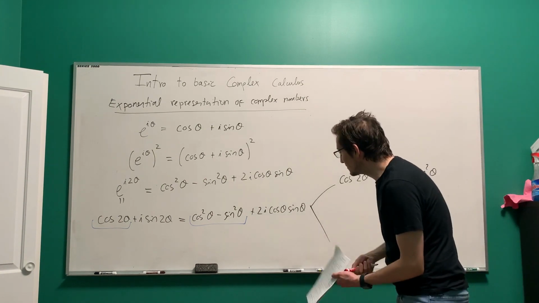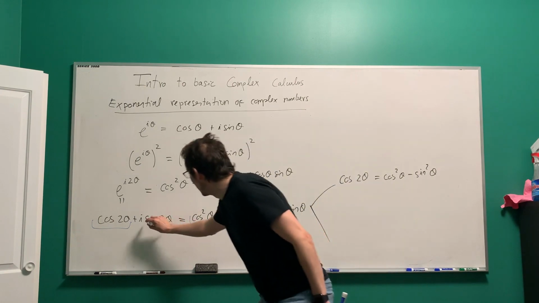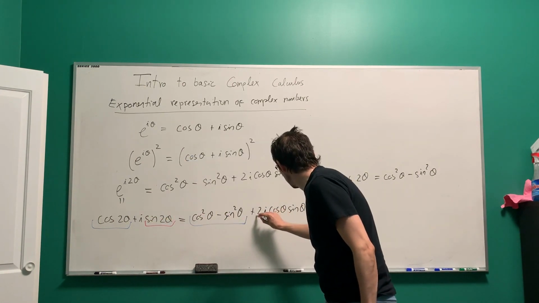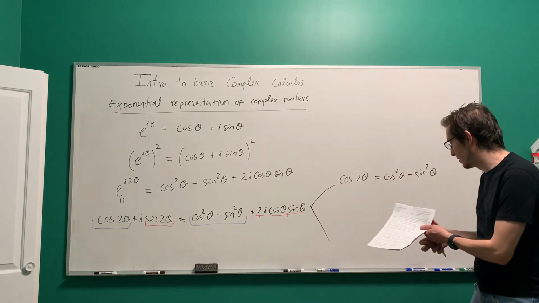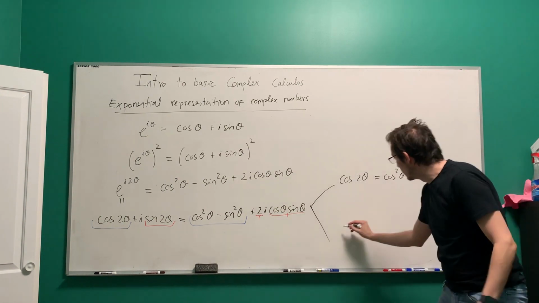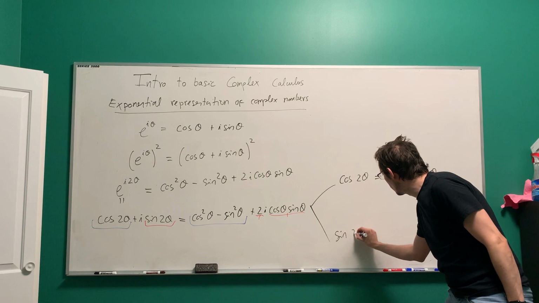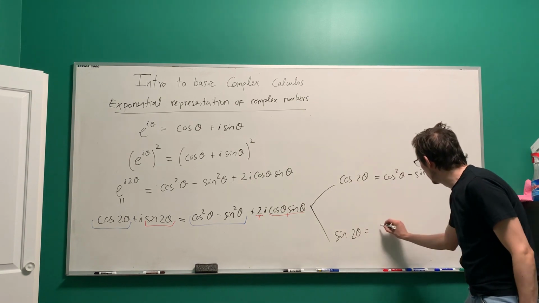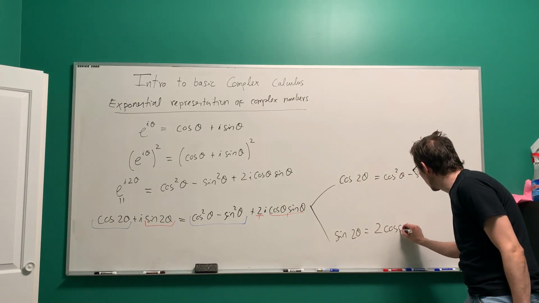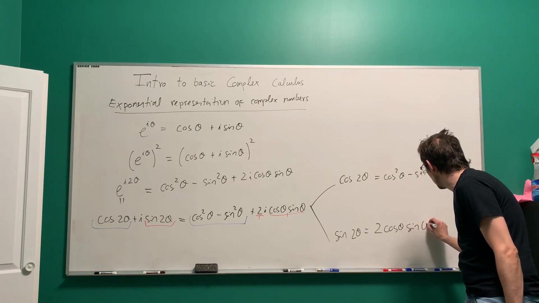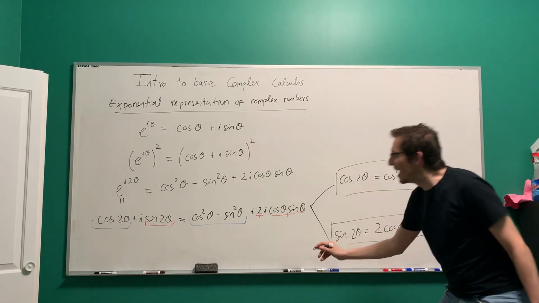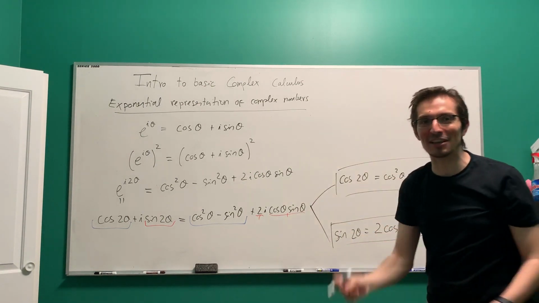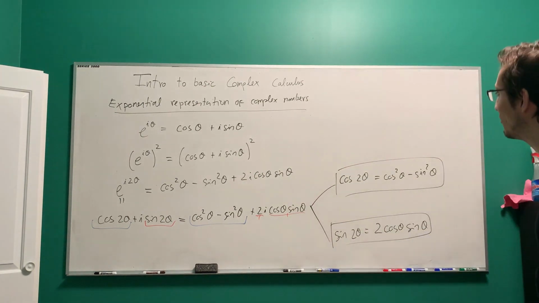And the imaginary part also has to be equal. So I get that the sine of 2 theta is equal to twice cosine theta sine theta. And there you go, the double angle formulas. Again, I'm doing this super slowly, but this is one step. You never have to remember anything.